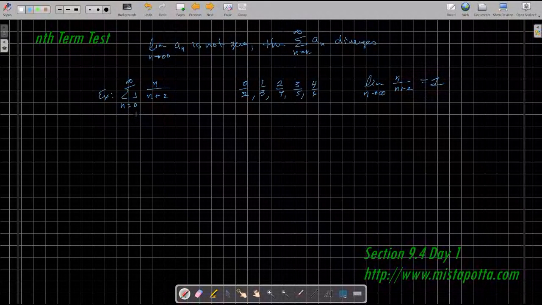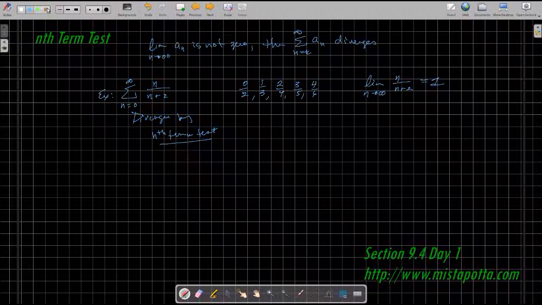That means this series has to diverge by the nth term test. What's going to be really important when we're writing our answers is it's not enough to tell me it converges or it diverges, but you're going to have to tell me what type of test you used to prove this.